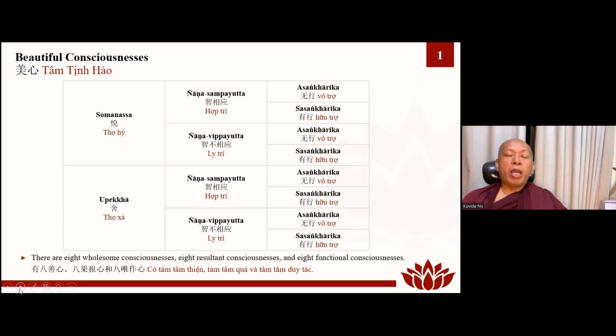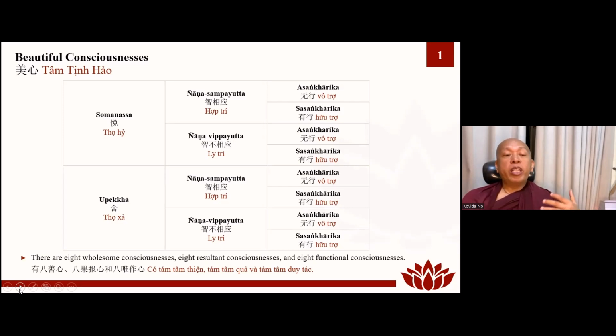Sometimes, encouraged by our friends or family members or somebody, we do wholesome deeds. At that time, sasankharika. Maybe sometimes by reading books, or by seeing something, it encourages us to do something good. At that time, we can say sasankharika.